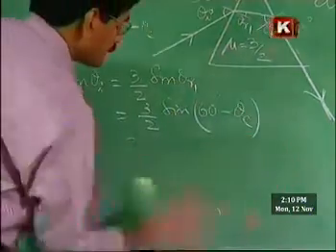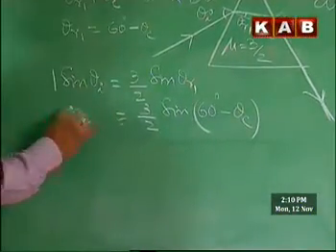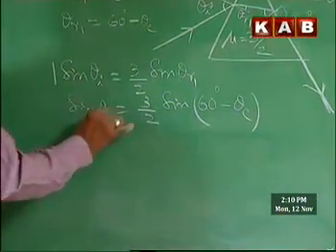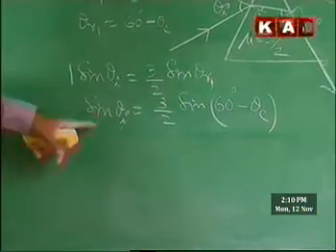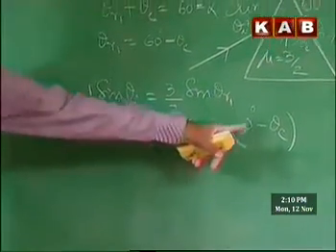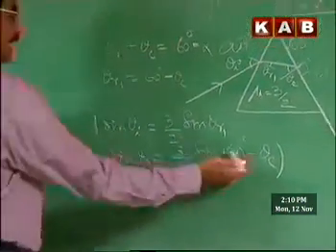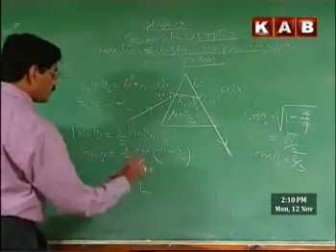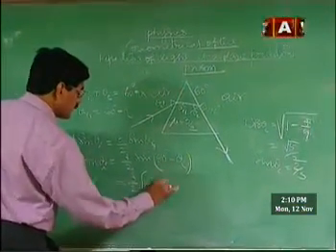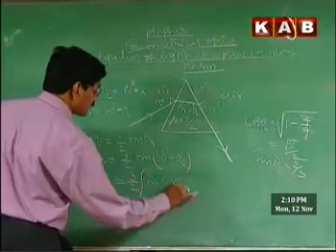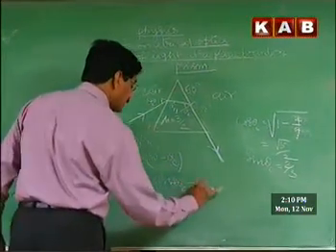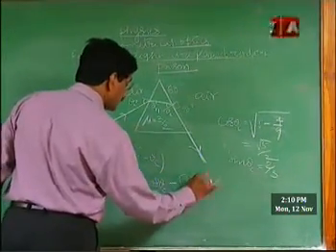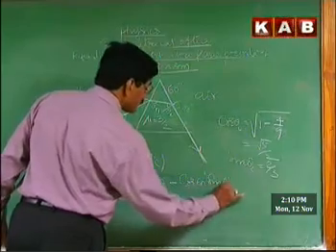Therefore, in this equation, what is of interest is the determination of theta i. So sin theta i is 3 by 2 sin of (60 degrees minus theta c). Expand this trigonometric function: 3 by 2 into [sin 60 degrees cos theta c minus cos 60 degrees sin theta c].